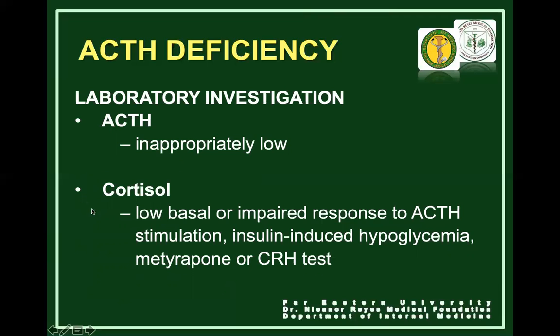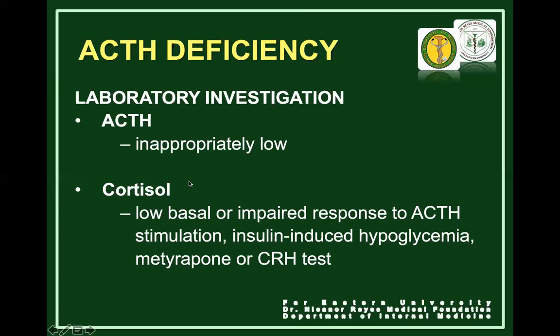Because if you think about the negative feedback, if your cortisol is low, your ACTH should go up if the HPA axis is intact. However, if your ACTH is low or normal, and your cortisol is low on a basal state, then that can signal that there is ACTH deficiency.